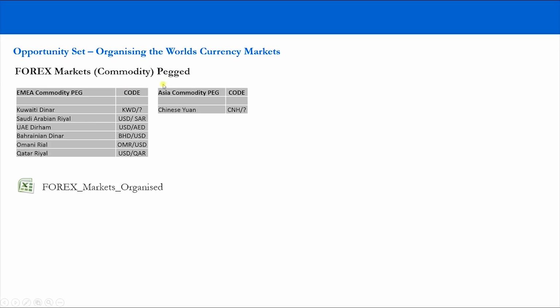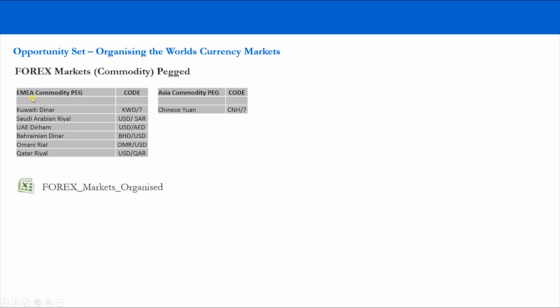And then the next part of our opportunity set, the commodity pegged, we break down as EMEA and Asia. So EMEA commodity pegged and Asia commodity pegged.